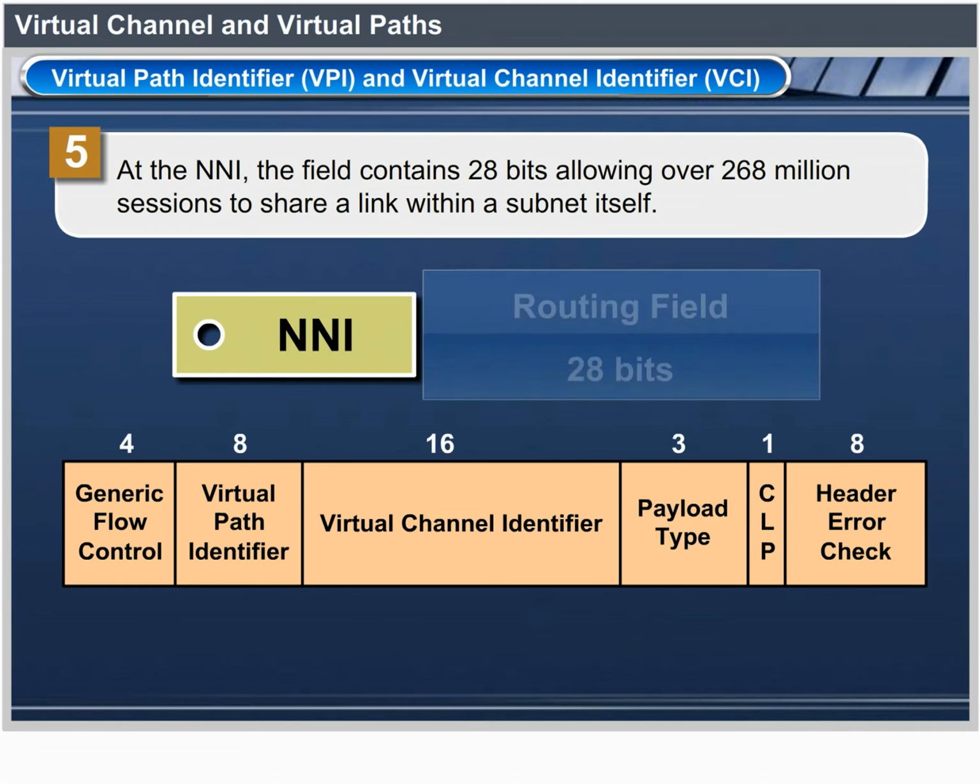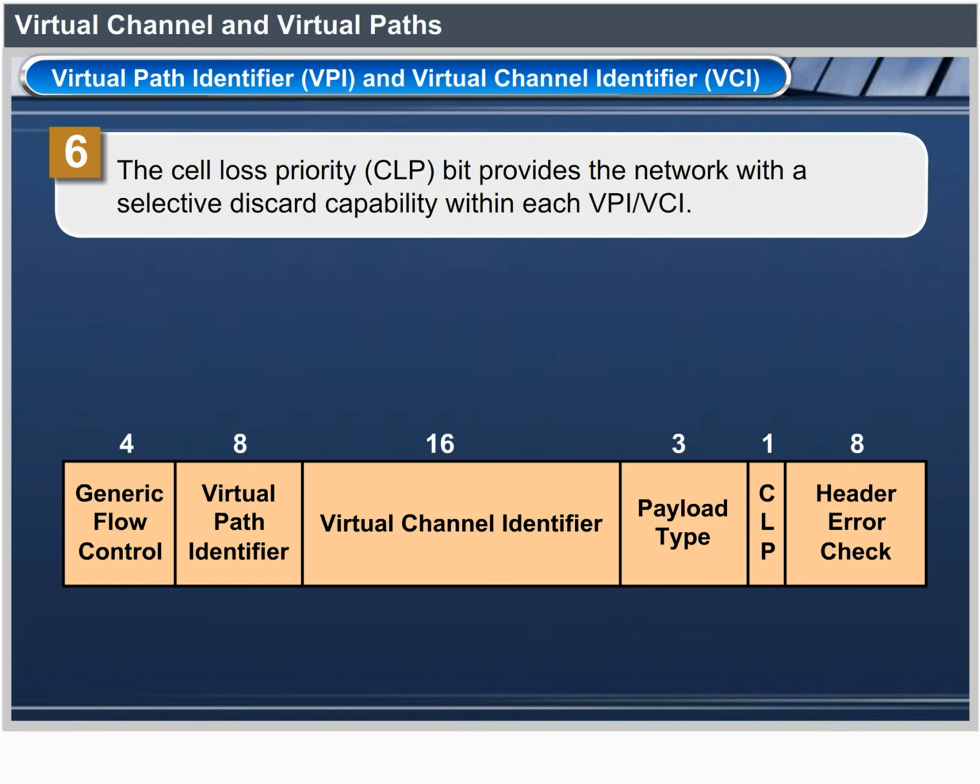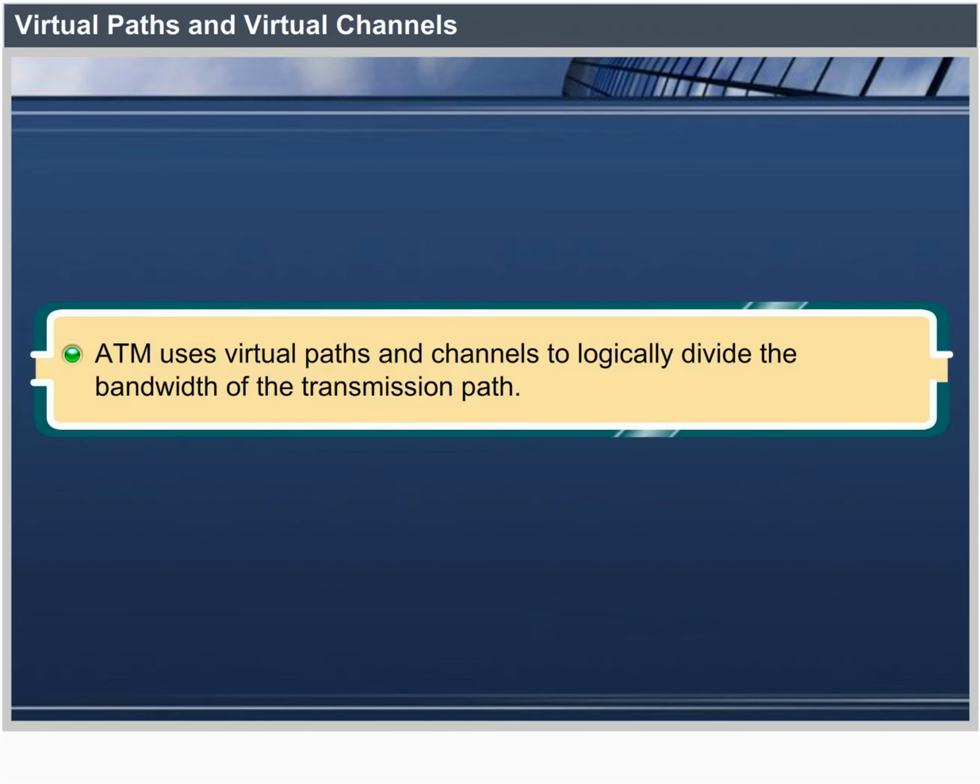Virtual path. The bandwidth of the transmission path is logically divided into separate virtual paths and identified using the VPI in the ATM header. Each virtual path is allocated a fixed amount of bandwidth. Virtual paths do not dynamically vary with bandwidths beyond what has been allocated.